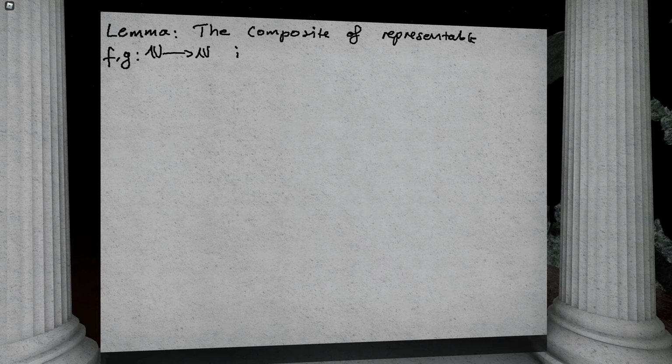But the proof adapts perfectly easily to the more general case. Okay, so the composition of representable functions is representable. So, proof.